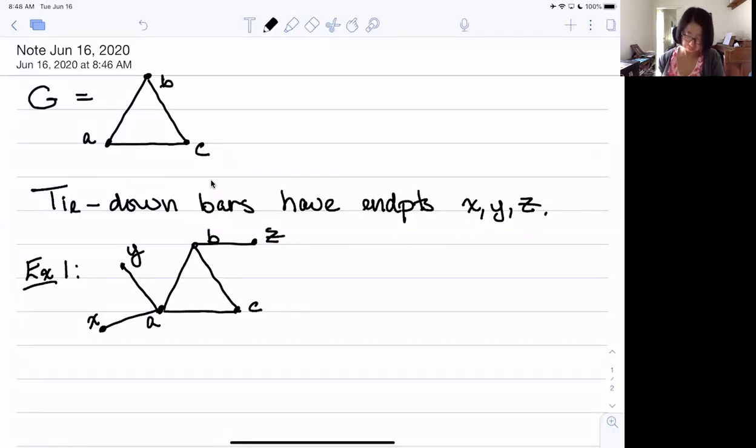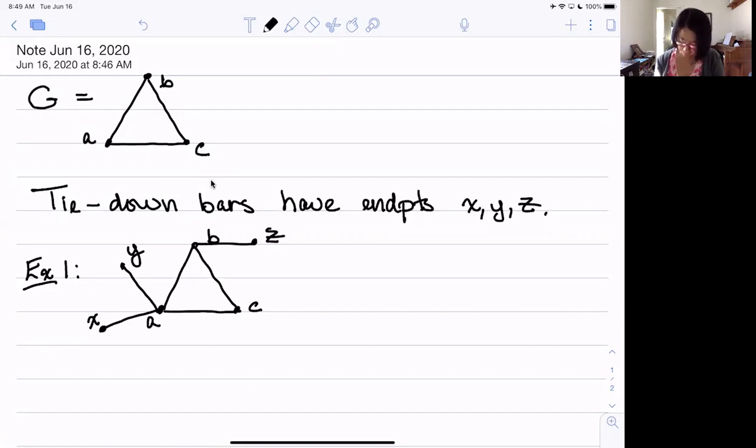B. And now I have to orient this graph in such a way that every tie down bar is oriented away from the original graph, and every vertex in the original graph has out degree 2.